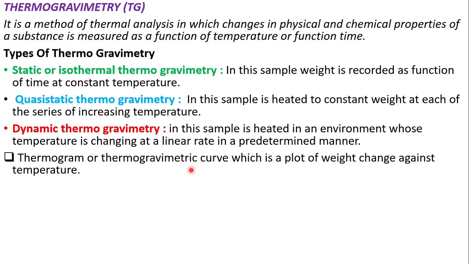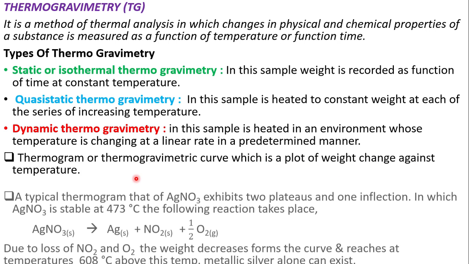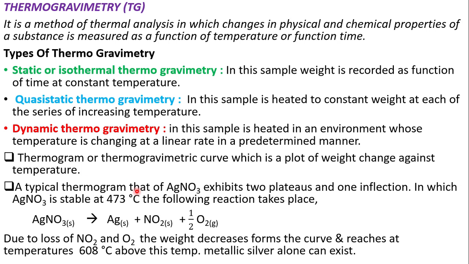Thermogram or thermogravimetry curve, which is a plot of weight change against the temperature. A typical thermogram, that of silver nitrate, exhibits two plateaus, that is horizontal lines, and one inflection, that is a curve, in which AgNO3 is stable up to 473 degrees Celsius and the following reaction takes place.